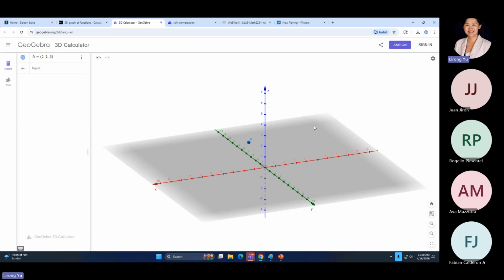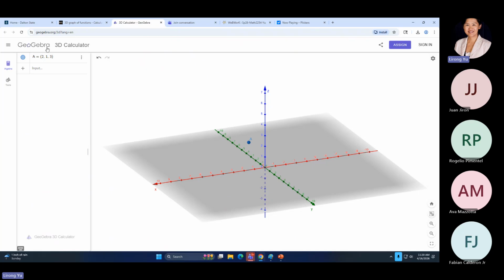Those points match x equal to 2 and then y equal to 1. It's a little hard to tell whether y is 1. So you would find (2, 1, 0), and then go up 3 to find (2, 1, 3). This is from GeoGebra.